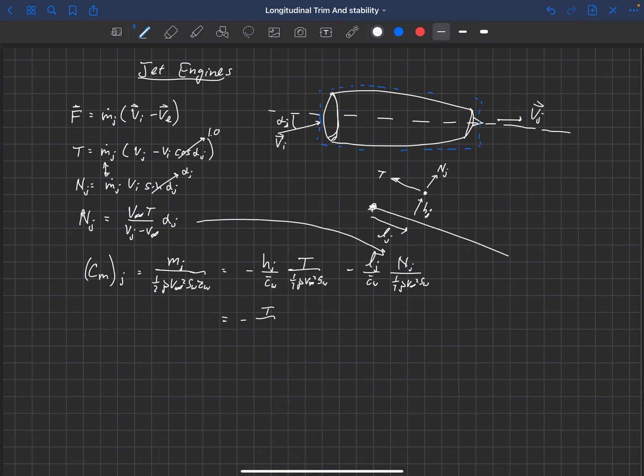We'd have minus T over 1/2 rho V infinity squared S_W times hj over c bar wing plus lj over c bar w times V infinity over Vj minus V infinity, times alpha j. So we've just swapped out that normal force for its relationship to thrust from this equation up here. Okay, at this point, it's helpful to recognize a couple things.